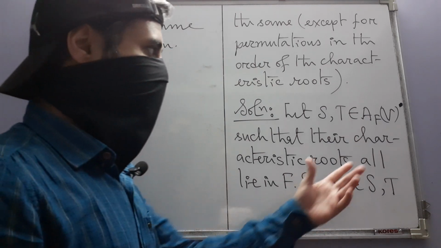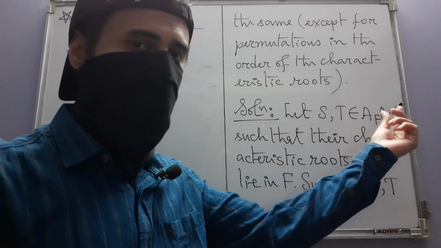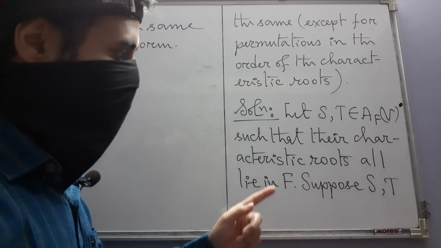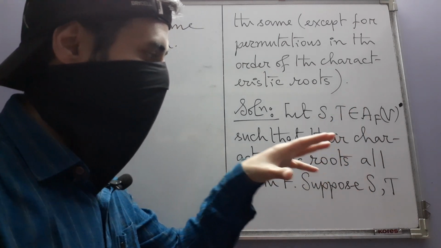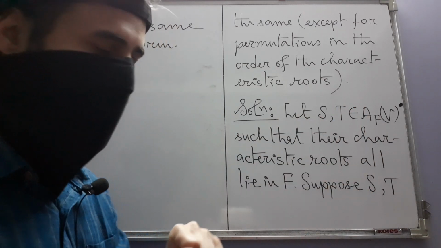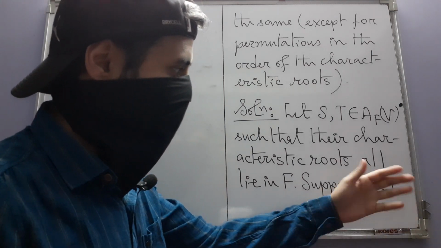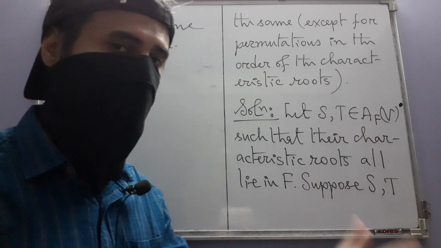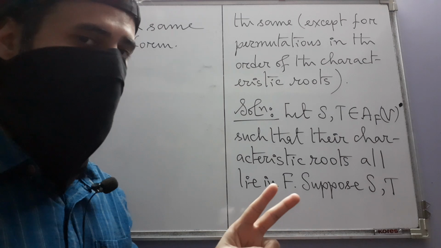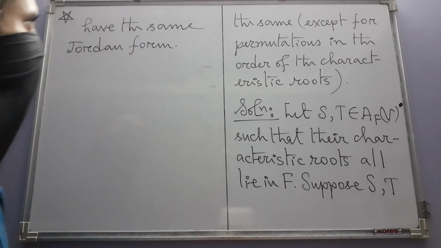This means that there is a basis for the vector space V in which the matrix of S is in Jordan form, and there is a basis for V in which the matrix of T is also in Jordan form, and these two are actually equal.